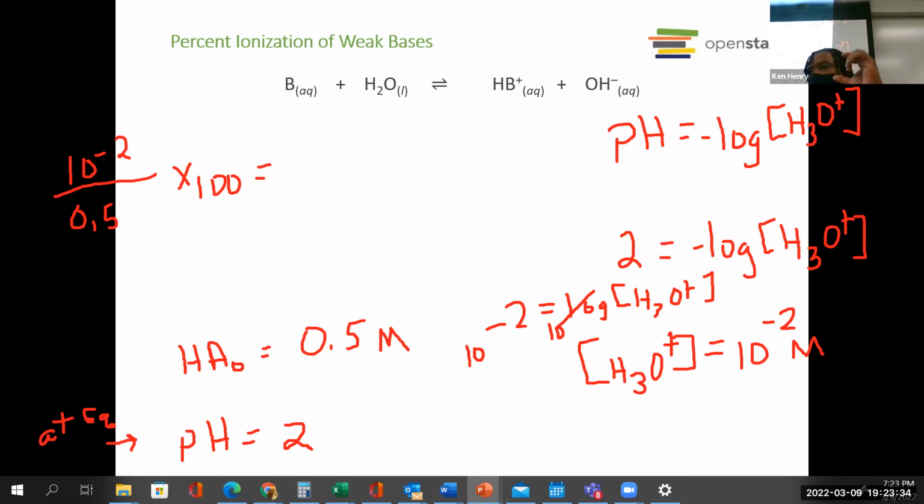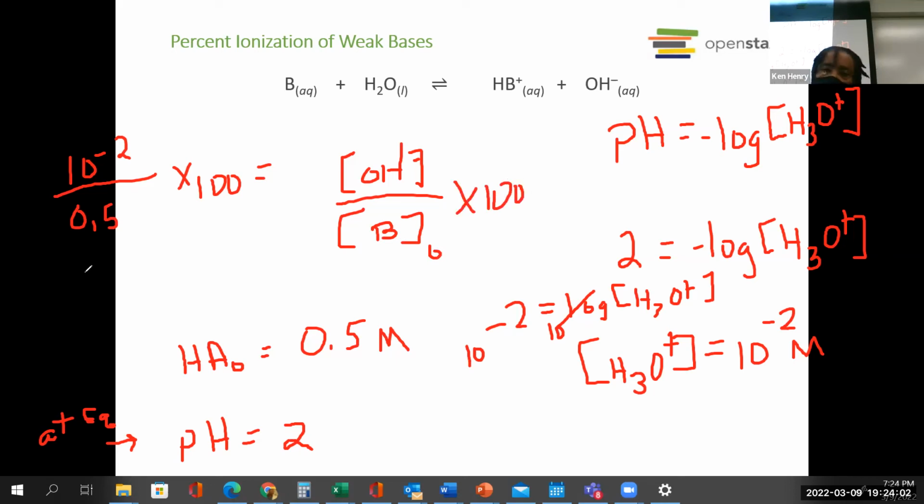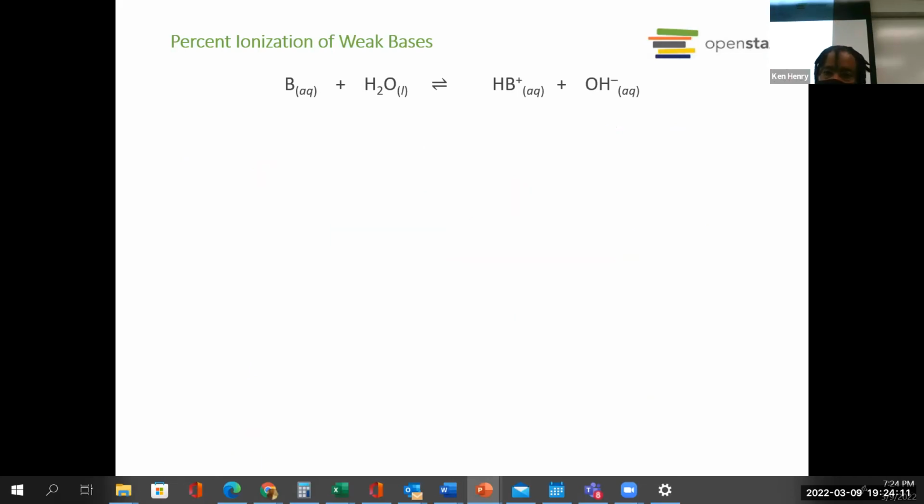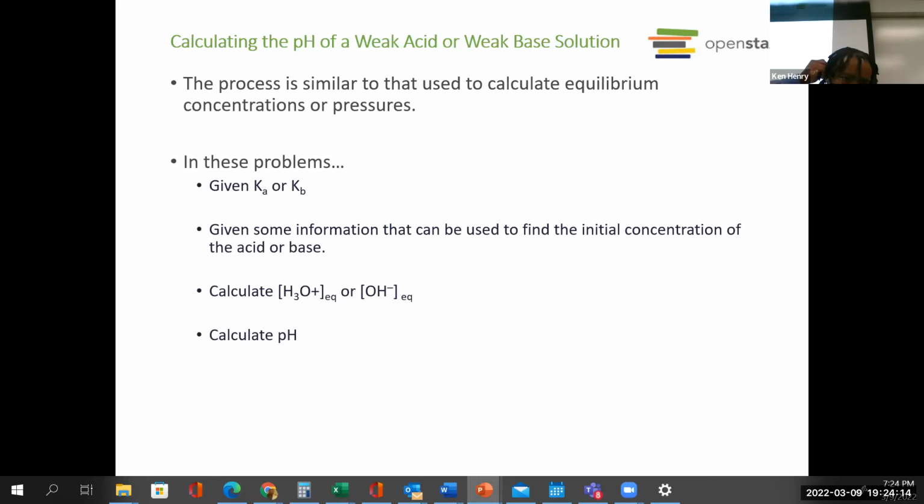So in this case, it's the concentration of OH over the initial concentration of our base, times 100. Okay. So I'll erase this.